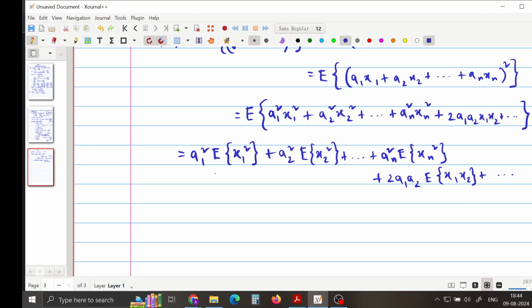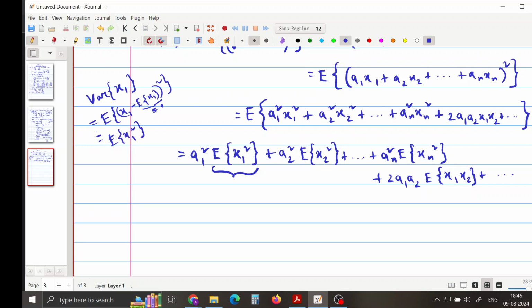Okay, now what is this expectation of x1 squared? So remember the variance of x1. Variance of x1 is nothing but x1 minus expectation of x1, this thing whole squared. And since all these random variables have zero mean, expectation of all xi's are 0. So this is expectation of x1 squared simply, right?